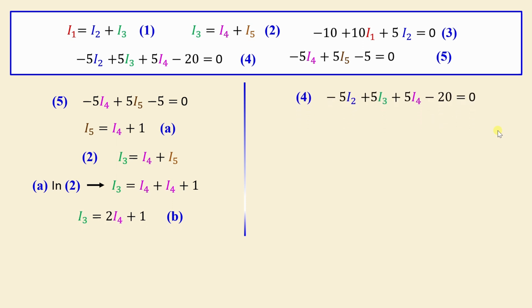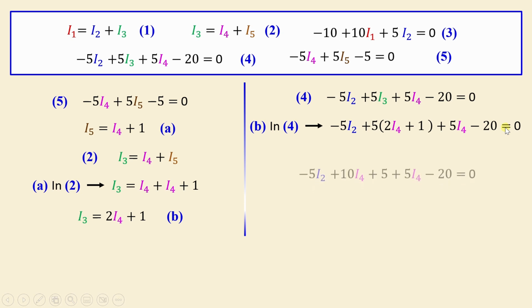I go now to equation number 4. By replacing B in 4, we obtain negative 5 I2 plus 5 multiplied by, I change here I3 by its value given by equation B, 2 I4 plus 1, plus 5 I4 minus 20 is equal to 0.